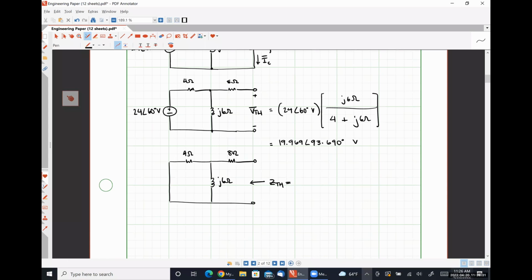Does anybody see anything different than that? My inductor and my 4 ohm resistor are in parallel because they share this top middle node and this bottom outside node. And then I have an 8 ohm resistor in series with that. So that's going to look like 8 ohms plus, let's see, 6 times 4, so J24 ohms squared over 4 plus J6 ohms.